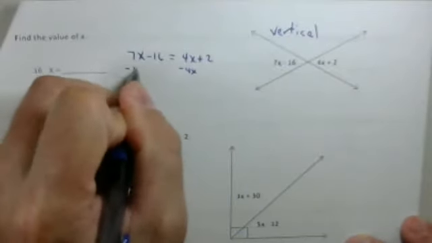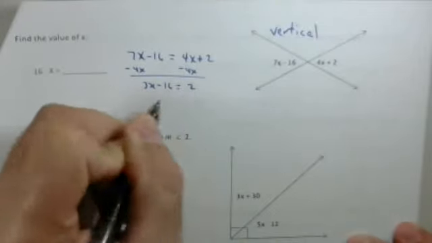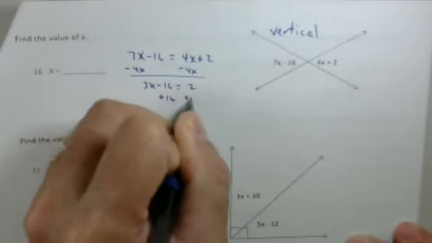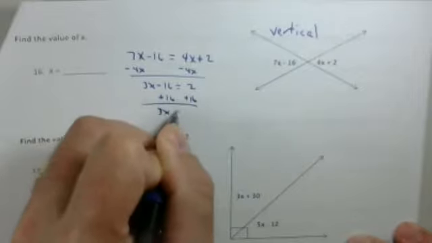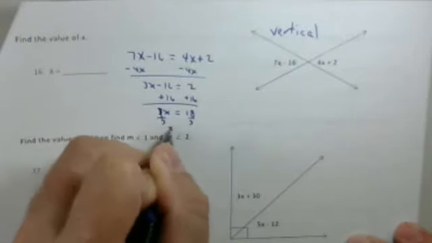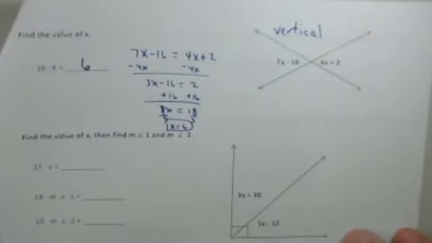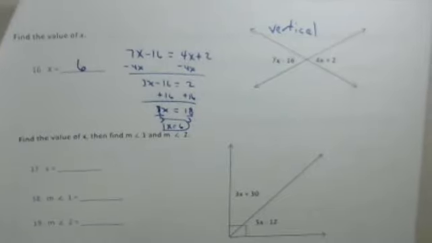Now we just solve the equation. Add 16 to both sides. And then divide by 3. And get x equals 6. And so again, vertical angles are congruent, giving us the x value of 6.